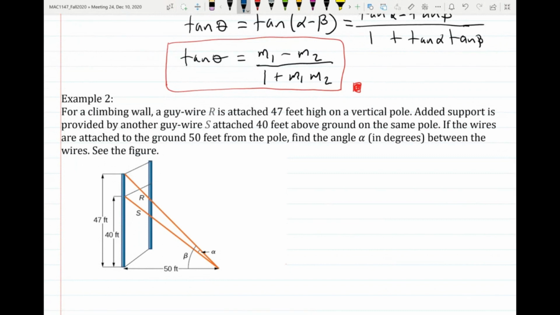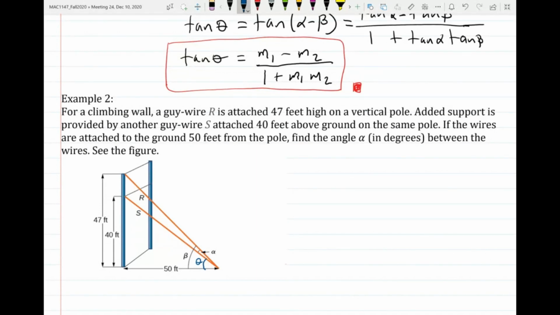Well, notice that we have the two wires R and S, and each of them defines a right triangle. R has the triangle with angle beta, that's good. S will give us another right triangle, but we're not given the angle in the picture, so let's call it theta.